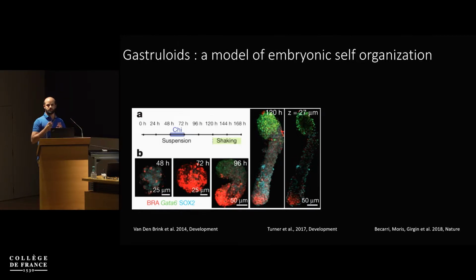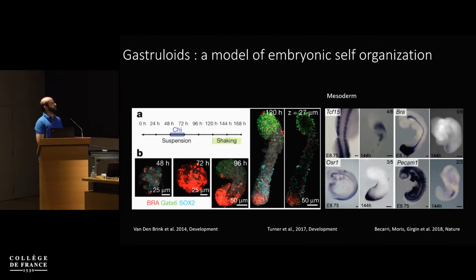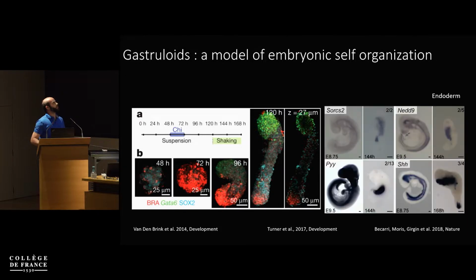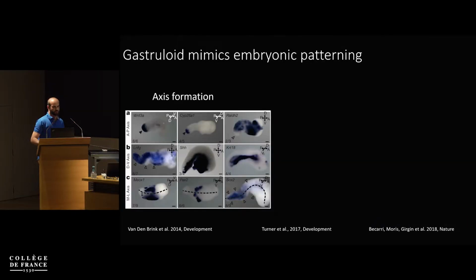So you have a signal coming from all across, and yet these structures are able to form a single axis and elongate and form more complex gene expression patterns. They can form mesodermal structures, neuronal or endodermal. They can form multiple axes, as you can see with these anterior-posterior restricted genes, dorsoventral ones, mediolateral, so they can become quite complex.